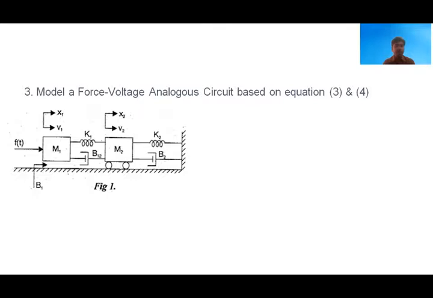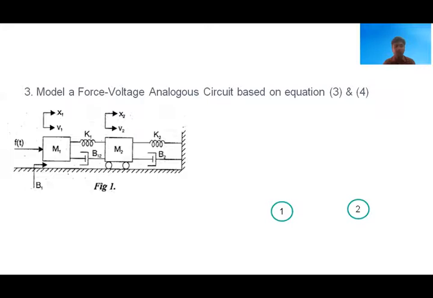Here, in this given mechanical translation system, we have two mass body elements. So in the electrical analogous model, there should be two loops. Since it is force voltage analogy, we should create two loops in the resultant electrical model.